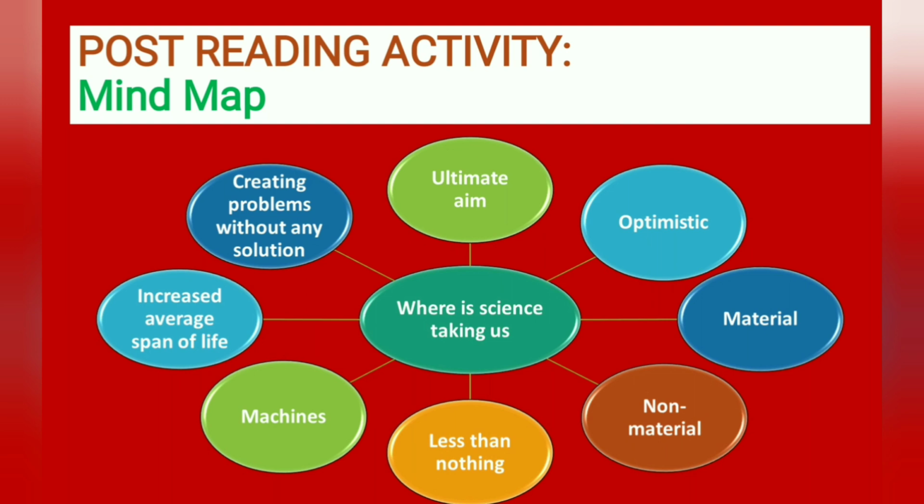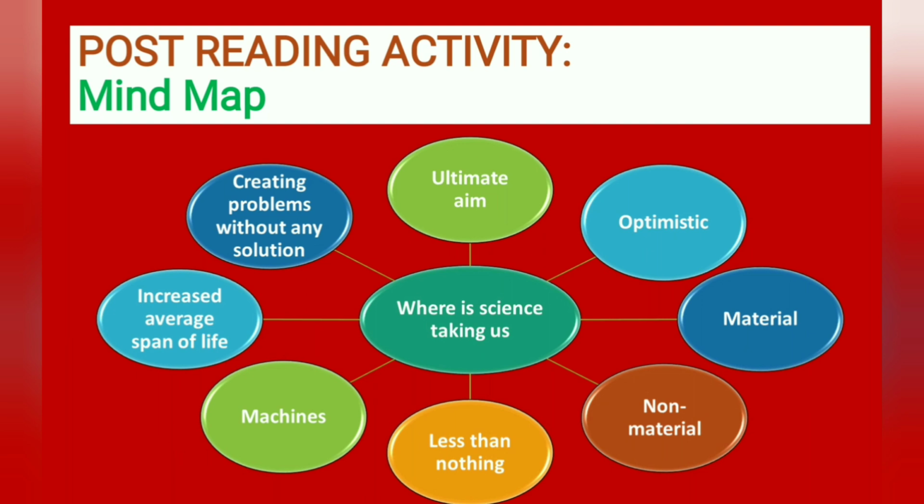Few hints are here. If you look at the right side of the diagram, material, non-material, less than nothing, machines, increased average span of life, creating problems without any solution, ultimate aim, optimistic.